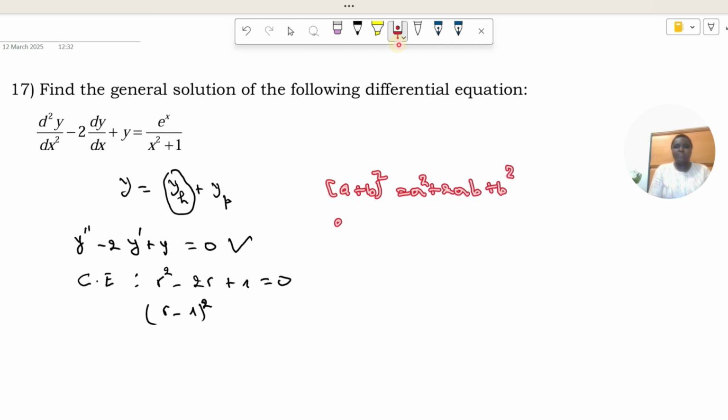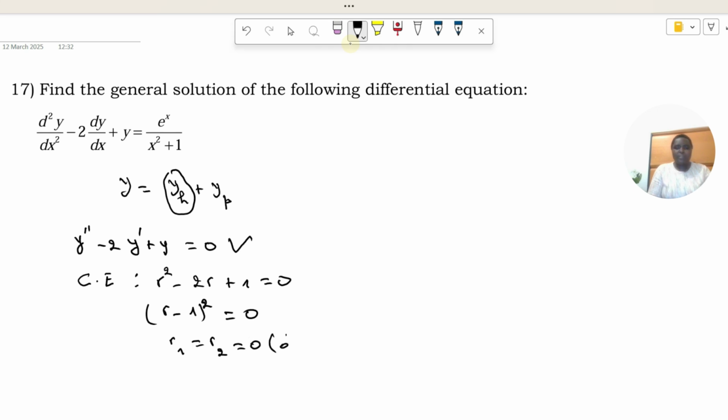What about (a minus b) squared? (a minus b) squared is equal to a squared minus 2ab plus b squared. We are using this second one, and then we have (r minus 1) squared equal to 0, and you can see that we have r1 equal to r2 and it is equal to 1.